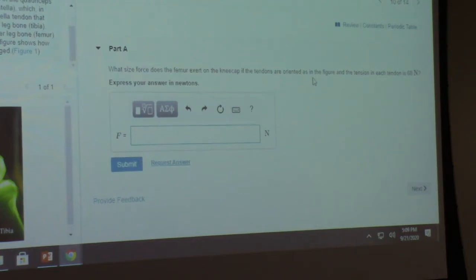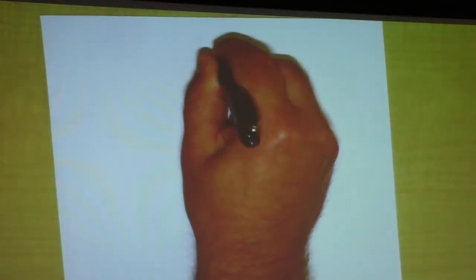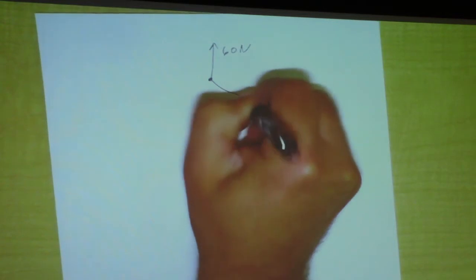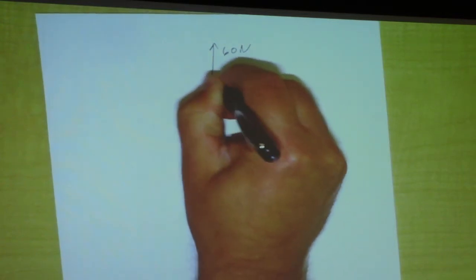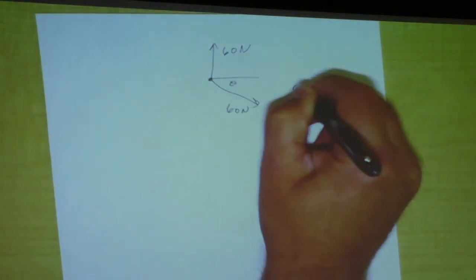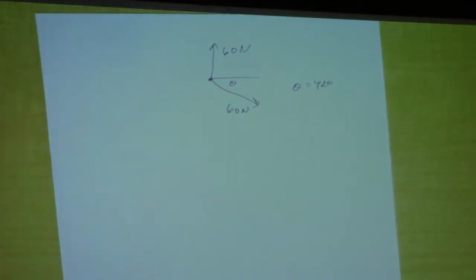Again, this is balancing forces. Okay. So we have, luckily, this is 60 newtons, straight up. We have another 60 newtons, and this theta is given in the problem, 42 degrees, and we want to know what is the femur force.